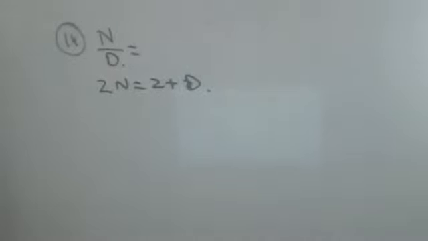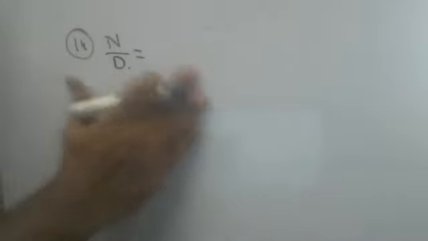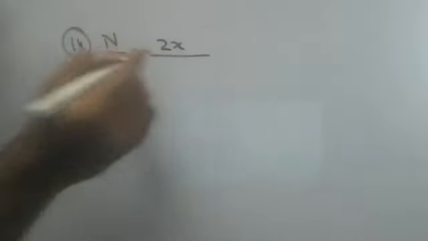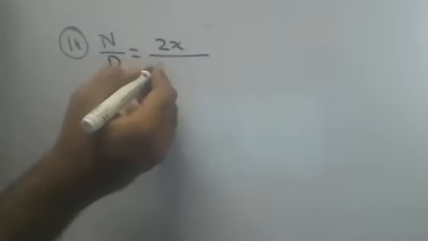If 3 is added to both numerator and denominator, the new fraction is 2 by 3. See, children, twice the numerator means 2x.